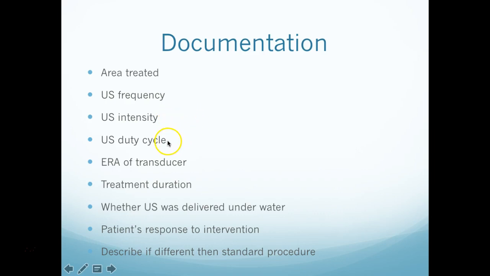Your duty cycle, remember that's either continuous or pulse, so continuous could be the 100%. Pulse, you want to say, is it a 20% duty cycle or is it that 50% duty cycle? And there's even a 10% duty cycle on some of the machines. You want to know the size of the transducer, and again, there's a little sticker on there that'll tell you what it is. You want the treatment duration.